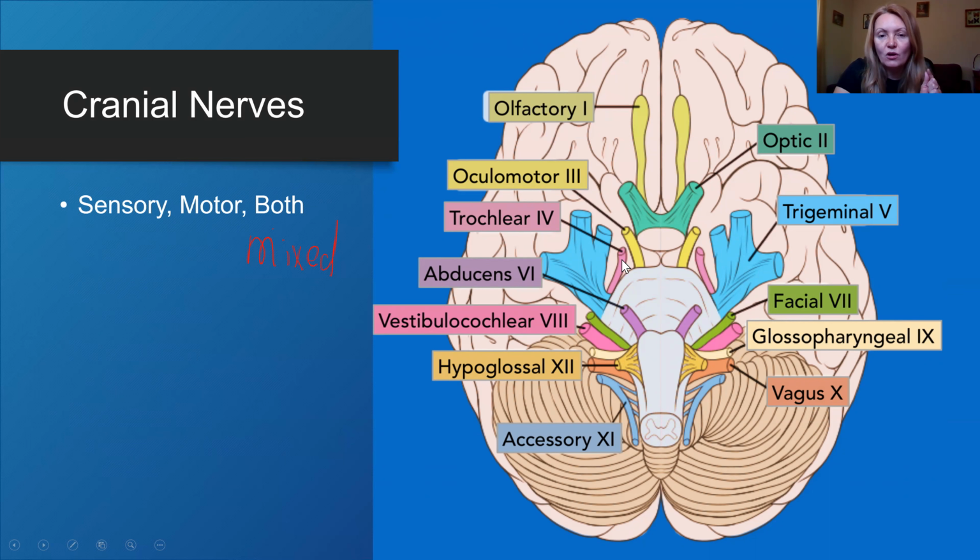Then we have 4, trochlear, 5, trigeminal, 6, abducens, 7, facial, 8, vestibulocochlear, 9, glossopharyngeal, 10, vagus, 11, accessory, and 12, hypoglossal. Right? So that's the cranial nerves. And again, we have pairs of them, and they have names and numbers.